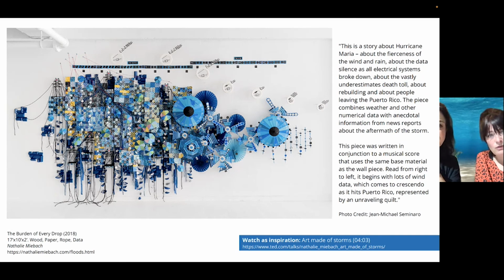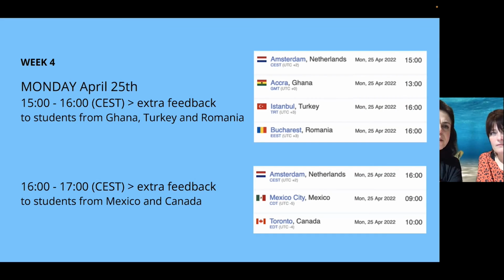This is, of course, a piece where she spent lots and lots of time, but it's more as an inspiration, and it's interesting to think of translating data into something physical. Yeah, also very interesting to see more of her work. So you find a resource there. It's really worth having a look.